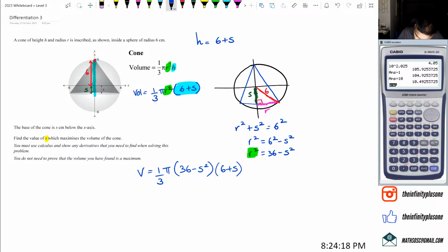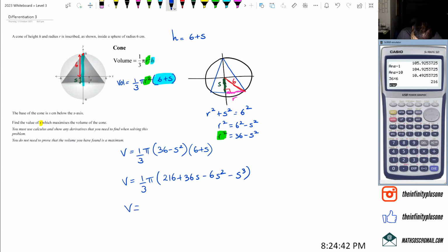So let's go through this question here, guys. What we've got here is volume is equal to 1/3 pi. Expanding the brackets, 36 times 6, is that 216? I'm sure it is, but I don't want to be making a mistake right now. 216 plus 36s minus 6s squared minus s cubed.